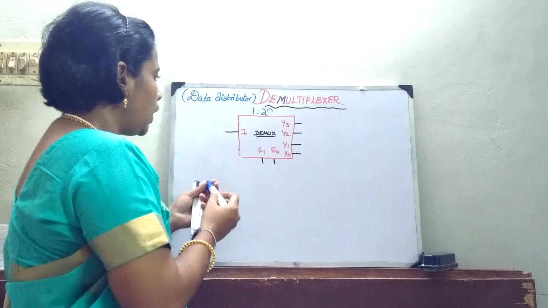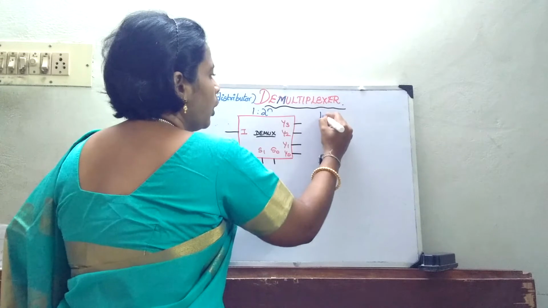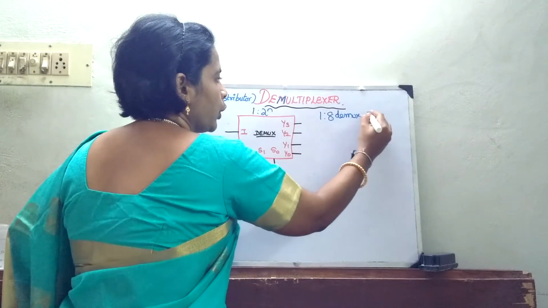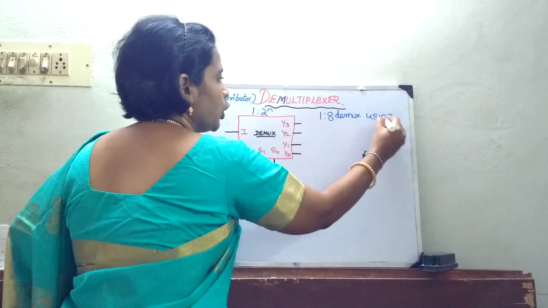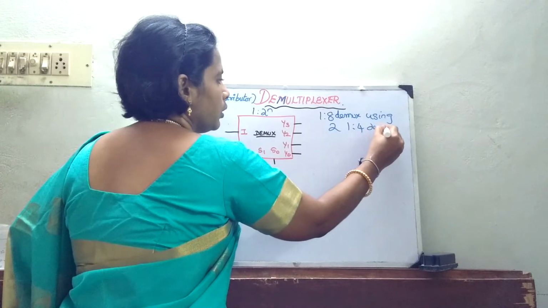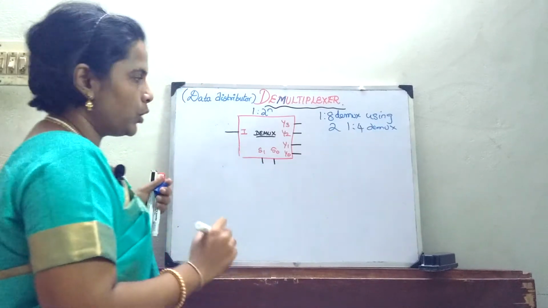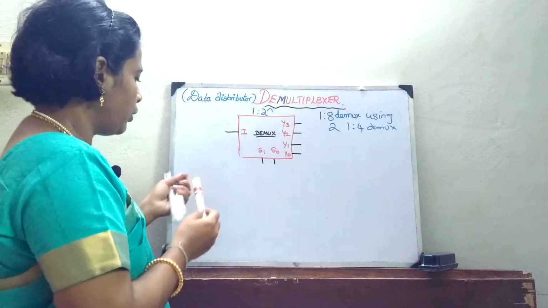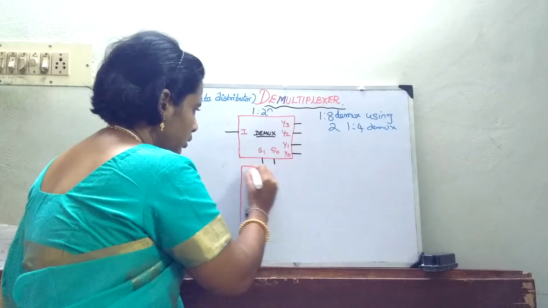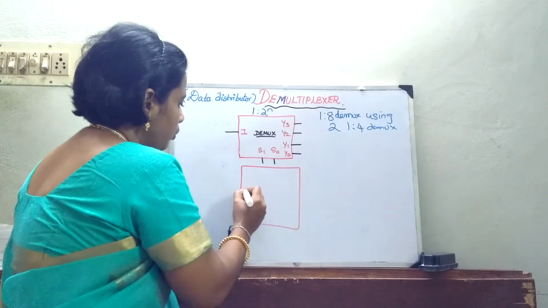Now we will see how to implement a 1x8 demux using two 1x4 demux. So now I am going to draw one more demux.